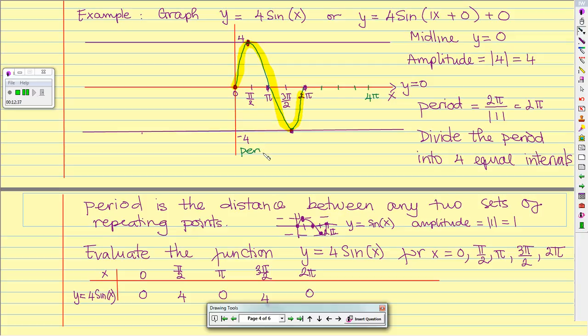And so again, the period will be 2 pi, which is the distance for the set of 5 points. And you just repeat the points again. From 0, go to the maximum, 0, minimum, and then 0. And then connect the 5 points using a curve.